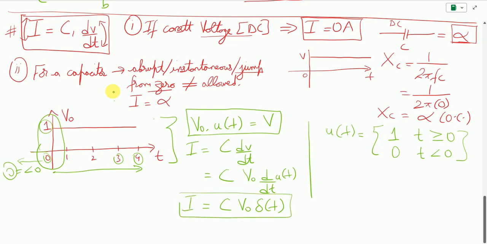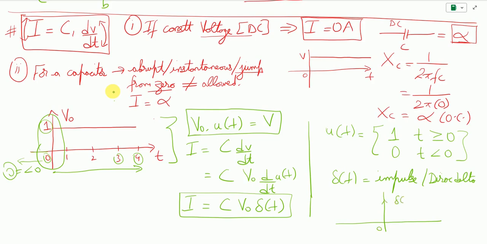Now what is this delta function? The delta function is called an impulse, or a Dirac delta function. What it means is that its behavior is something like this. At only the instant of 0, you are going to get a maximum value. Other than that, on the horizontal scale, you have a 0 value.